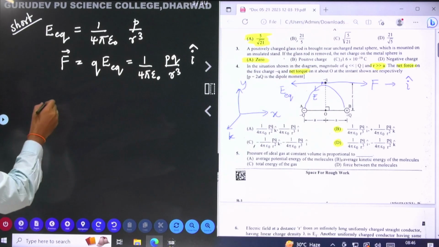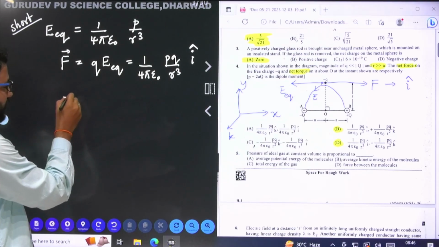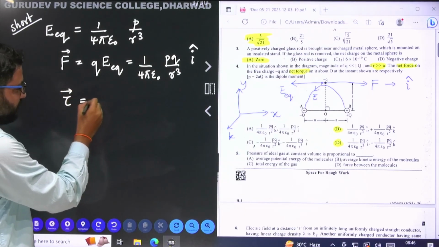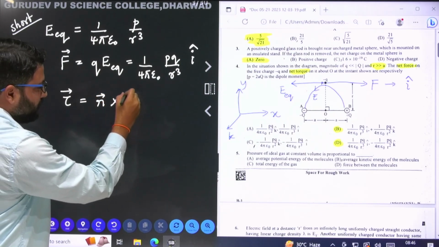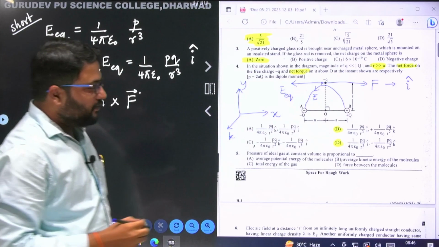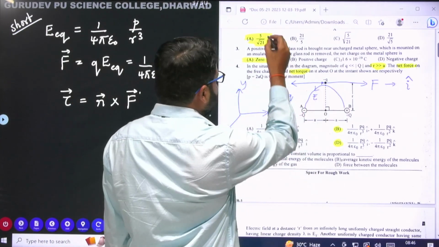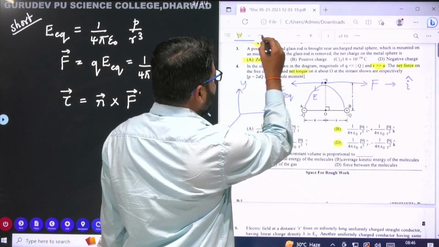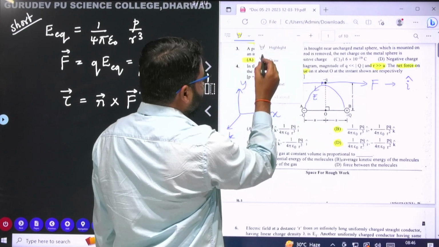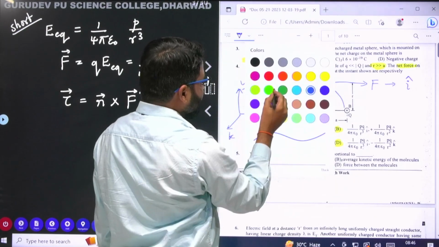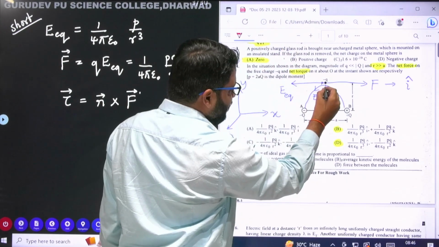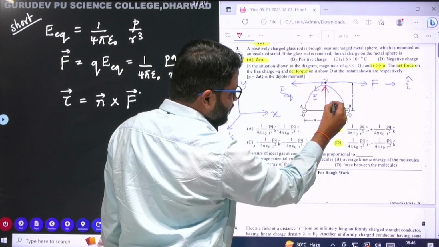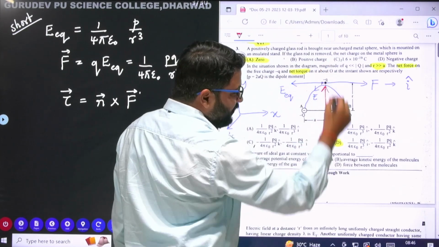The torque formula, as we already know, is tau equal to r cross F. To keep it very simple, I'm going to take the direction of r. You can see that the direction of r would be along this one, so r is along j cap.